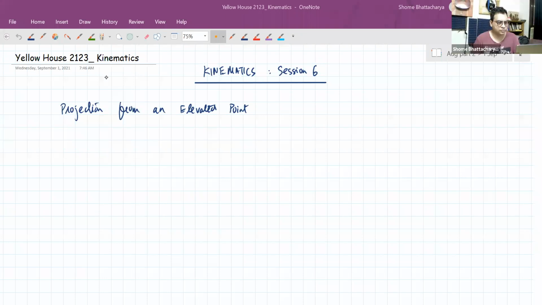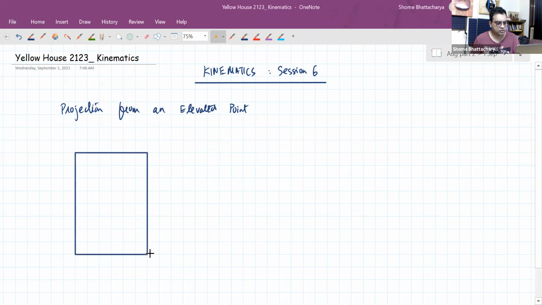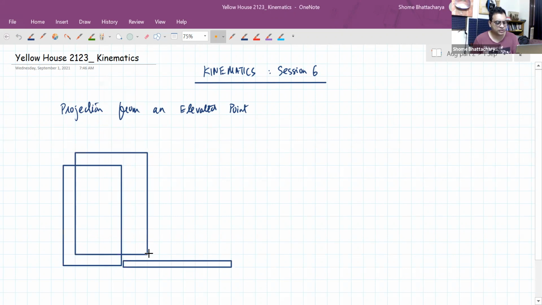Right. So projection from an elevated point. The case we saw last time was horizontal projection.